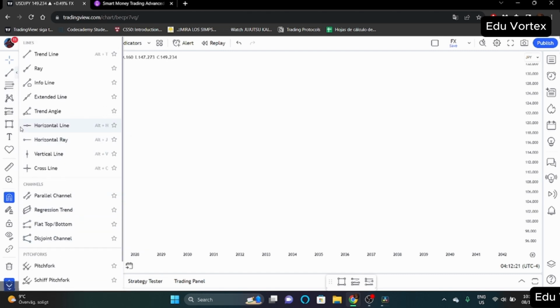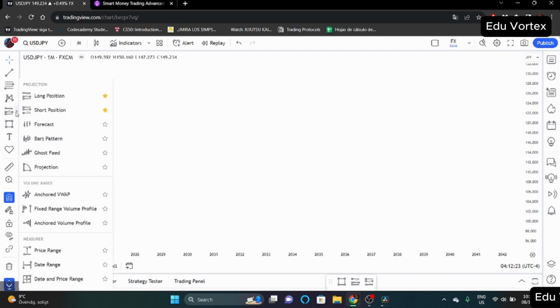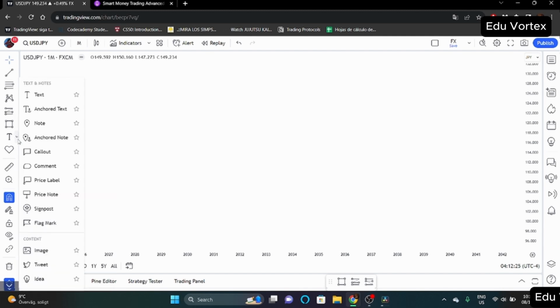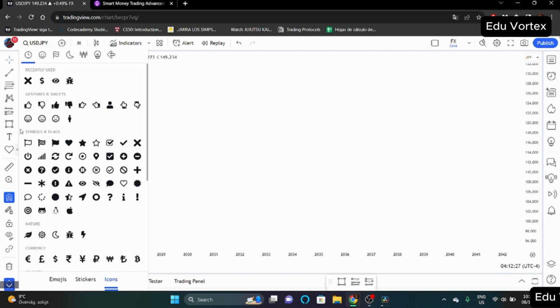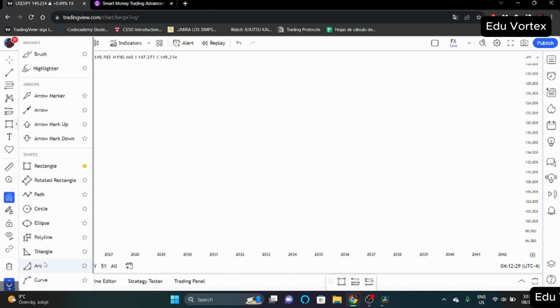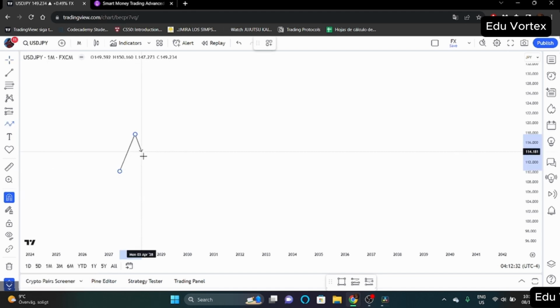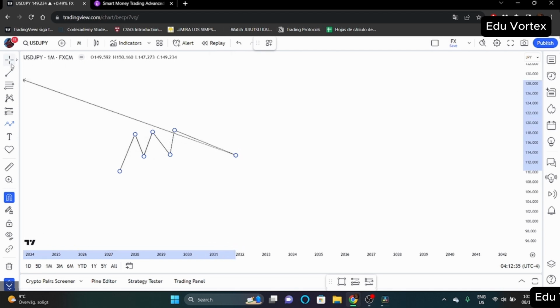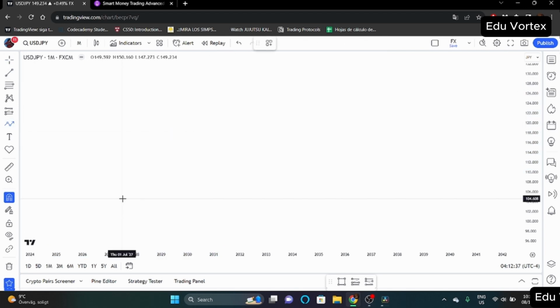This is something really nice. Let's look for this right here. This is a market maker buy or sell model. This is a market maker sell model. First impulse, accumulation.